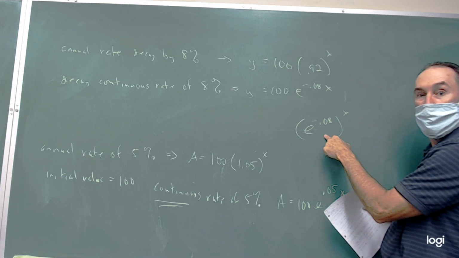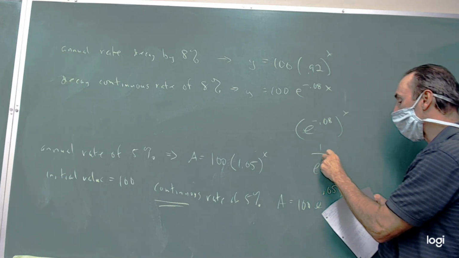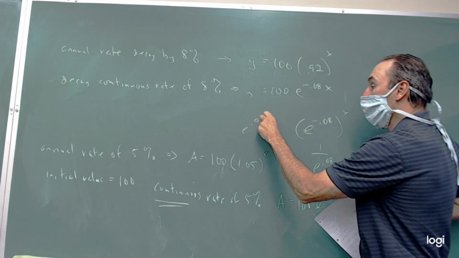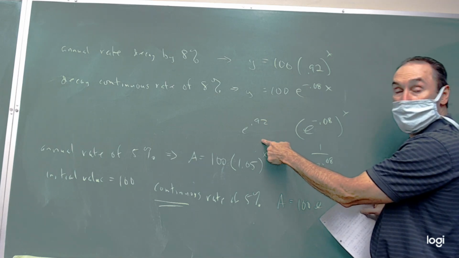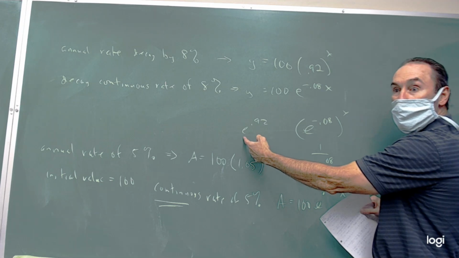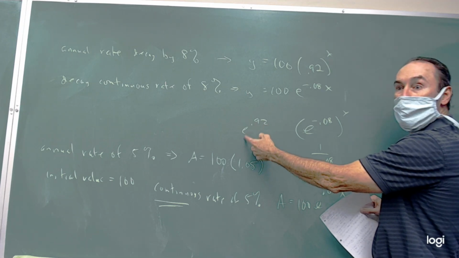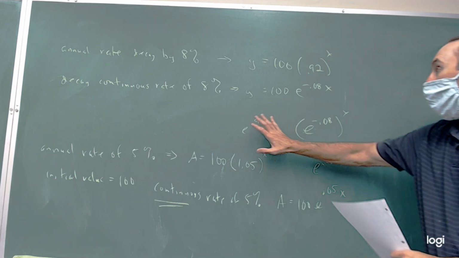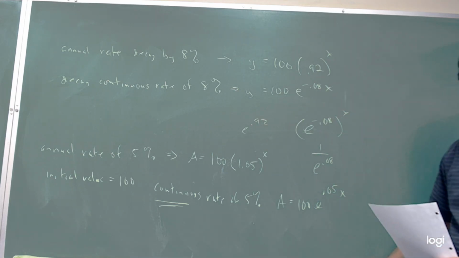That's going to become 1 over e to the 0.08, a number that's less than 1. But e to the 0.92 is not going to be less than 1. That's going to be a growth. Remember, e is almost 3, and 3 to the first would be 3, 3 to a little bit less is still bigger than 1. So you can't make that a 0.92.